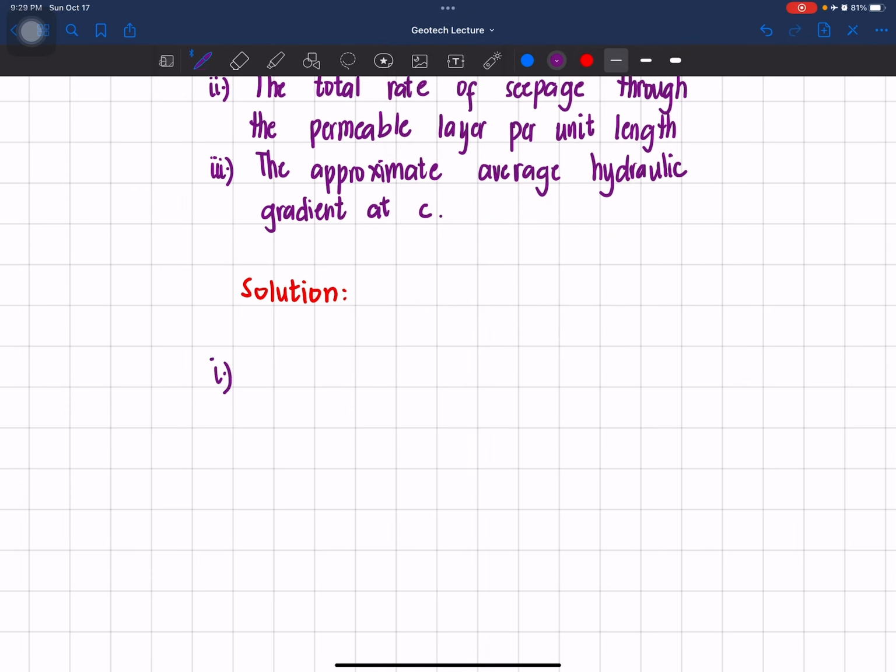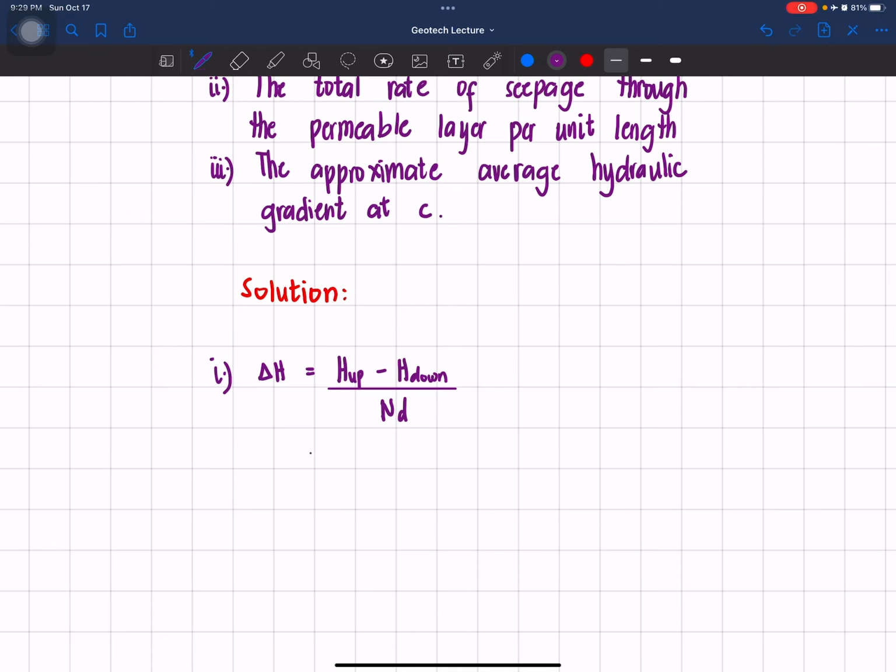We have to determine the change in the head every time the water travels through each equipotential drop. The delta H is equal to the H upstream minus the H downstream, divided by the total number of equipotential drops.